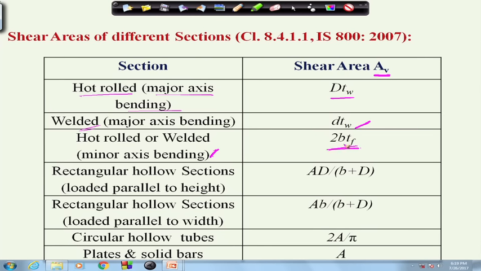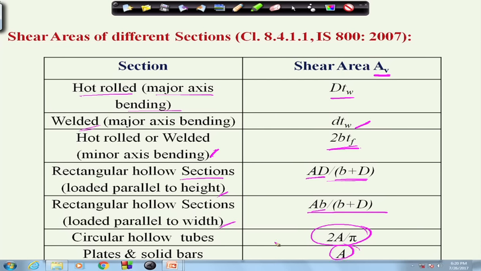D is the total depth and A is the shear area. And rectangular hollow sections loaded parallel to width will be A into b by B plus D. So, one is A into capital D by B plus D, another is A into small b by B plus D, and for circular hollow section it will be 2A by pi, and for plates and solid bar it will be A, the cross sectional area.